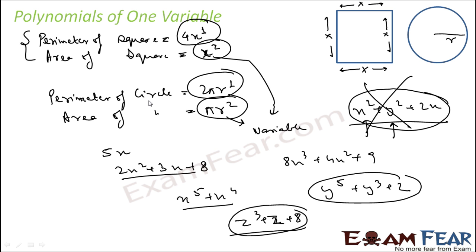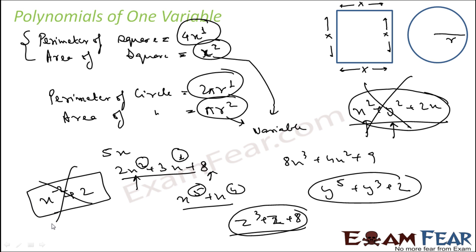Because they are expressions with variables and constants, and the power of exponent is always a whole number. So if you say something like this, this is not a polynomial itself. This is one variable, but this is not a polynomial because the power is -2, which is not a whole number.